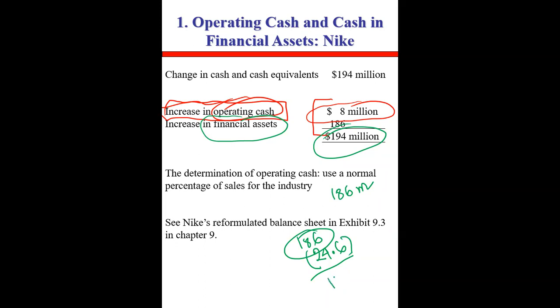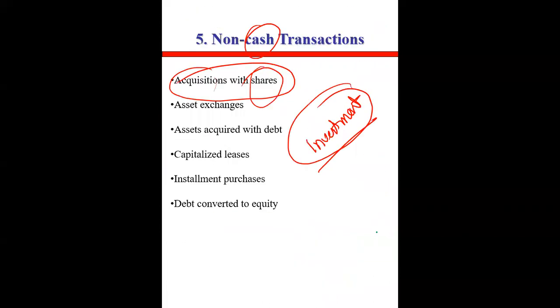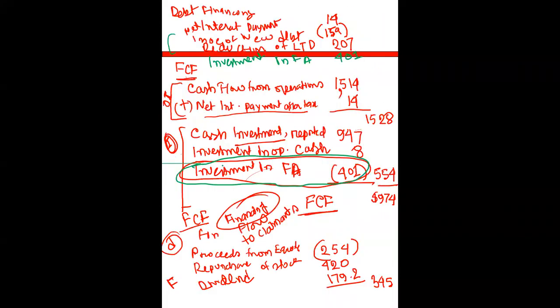If we make approximation in the round figure, we'll see it is 161. Okay, so that is here the investment in financial cash, or you would say the cash equivalent. So that amount is 161.